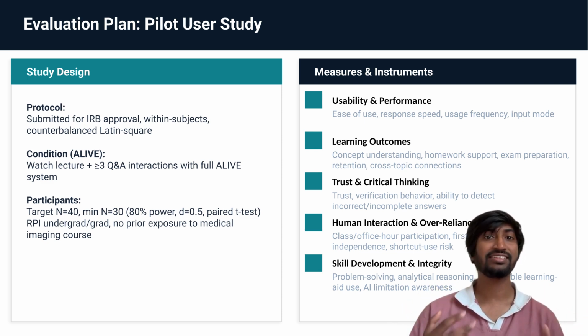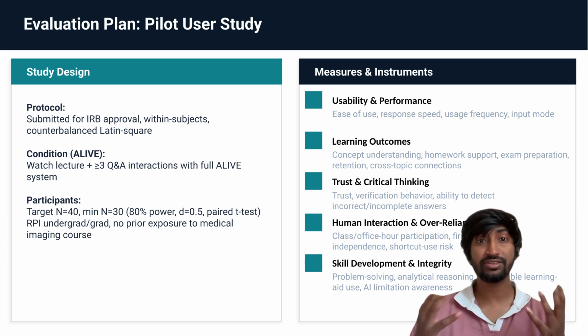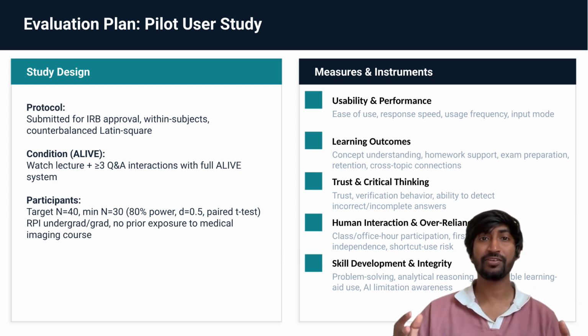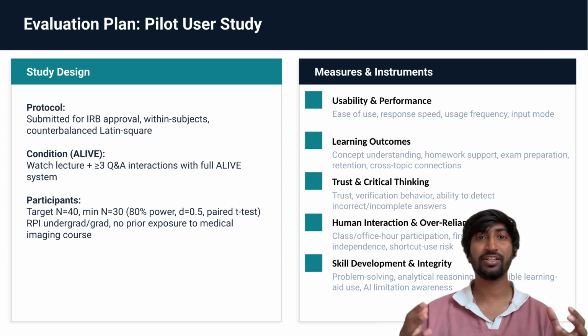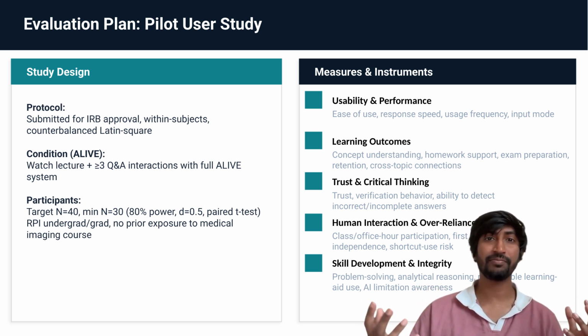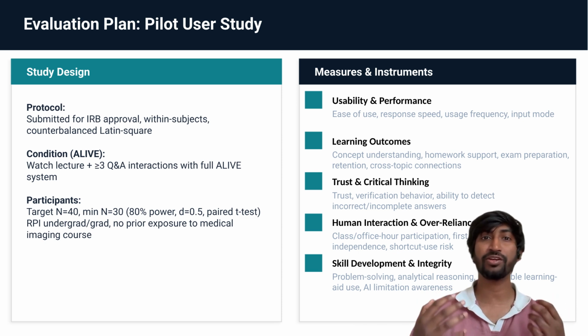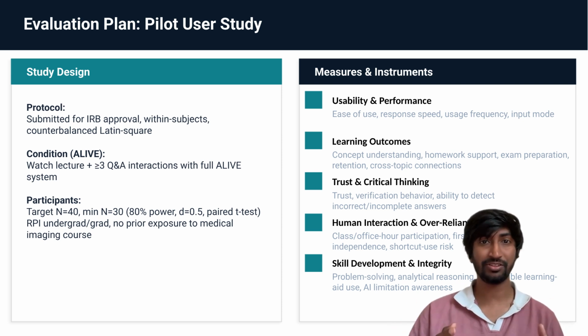Third, trust and critical thinking: whether students trust Alive appropriately, verify answers using slides or textbooks, and identify incomplete or incorrect responses. Fourth, human interaction and over-reliance: whether Alive supports learning without replacing class attendance, office hours, instructor interaction, or peer discussion. Finally, skill development and academic integrity: whether students use Alive as a learning aid rather than as a shortcut for submitted work.